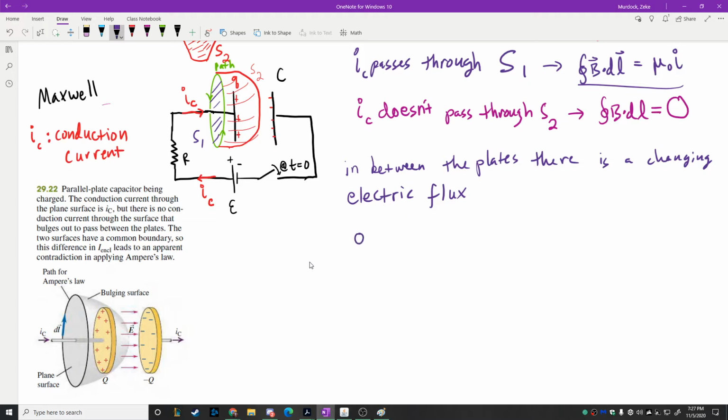Let's see. So the electric flux is equal to electric field multiplied by area. The electric field between the plates, I believe, is equal to delta V between the plates divided by L.